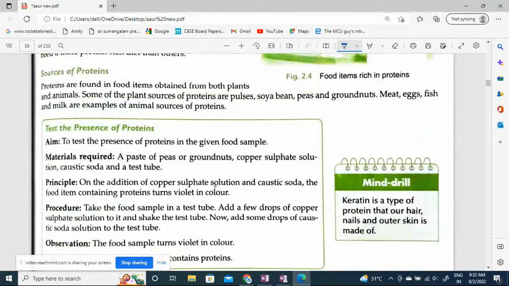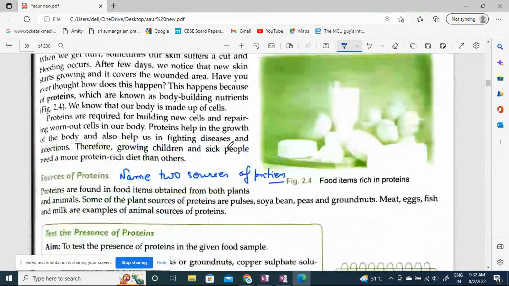Now, name two sources of protein. There is one more question I want to cover here: why are proteins known as bodybuilding foods?